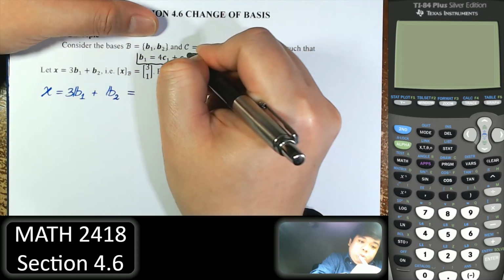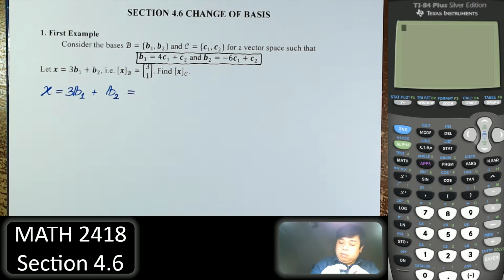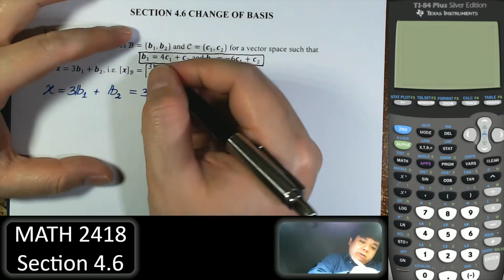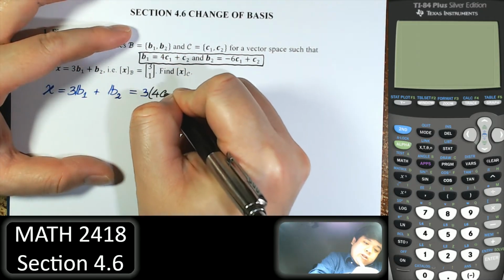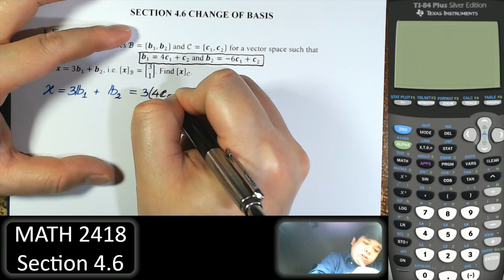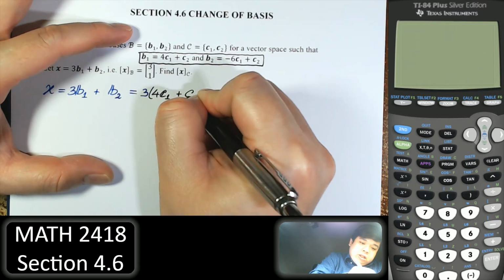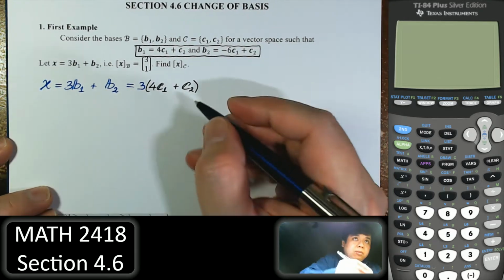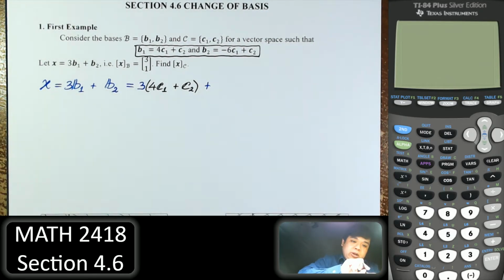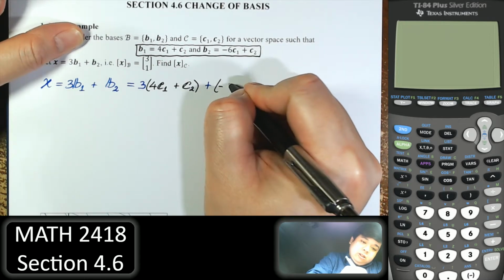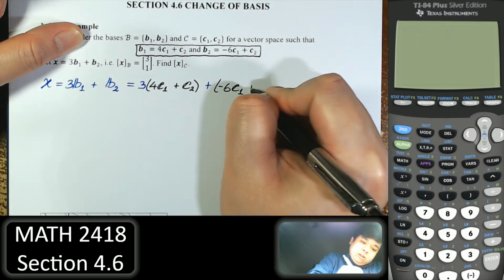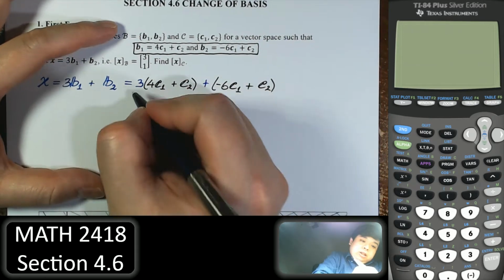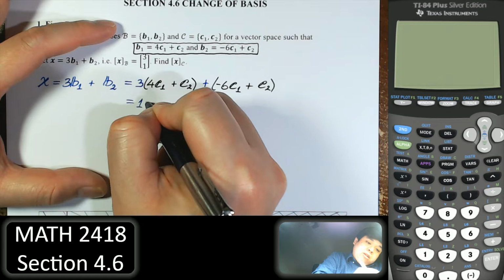Not every problem has this condition, but this one does. So B1 is 4C1 plus C2, and then B2 is going to be this. And then we just multiply now and combine like terms.